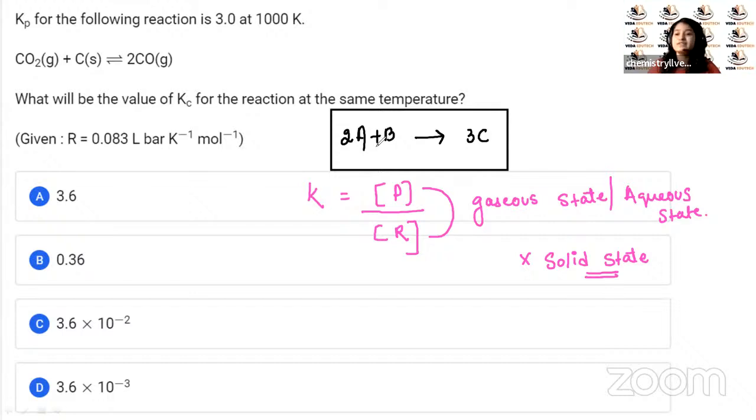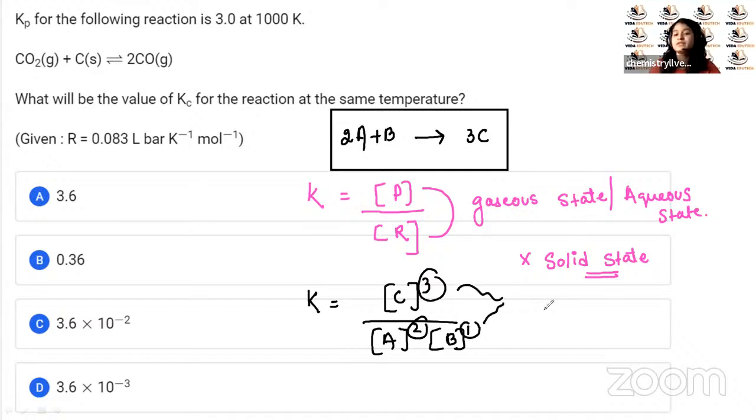Consider all of these are in aqueous state, so K will be equal to C raised to the power 3 divided by A raised to the power 2 and B raised to the power 1. We are taking the concentration terms with powers, and these powers are nothing but the stoichiometric coefficients.